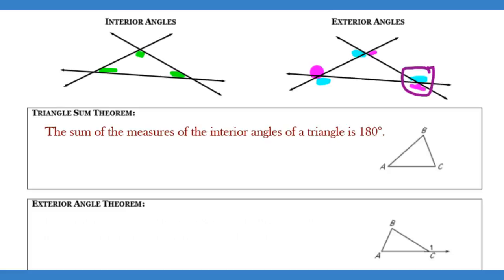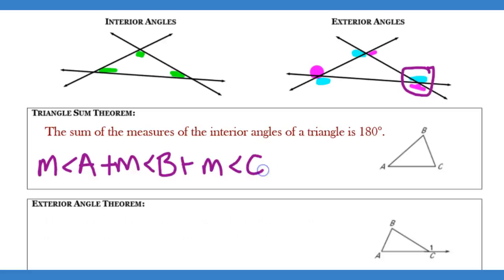So in triangle ABC, I know that the measure of angle A plus the measure of angle B plus the measure of angle C equals 180 degrees.